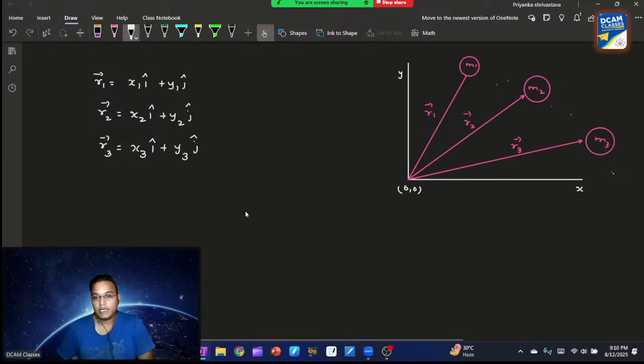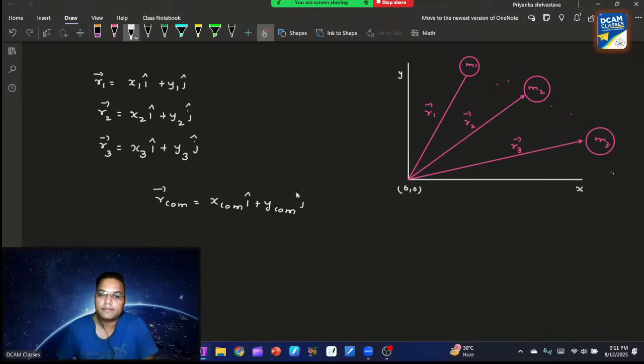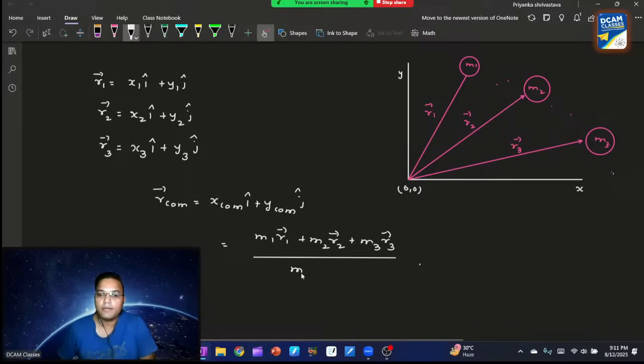In that case, for this three mass system, how will the center of mass be defined? R center of mass, which is equal to x center of mass i cap plus y center of mass j cap, that is equal to m1 r1 vector plus m2 r2 vector plus m3 r3 vector whole divided by m1 plus m2 plus m3.